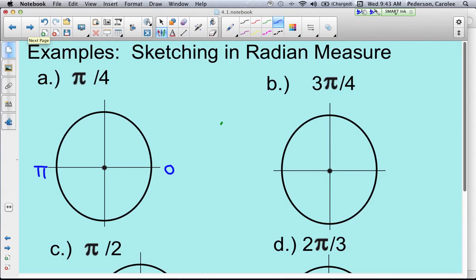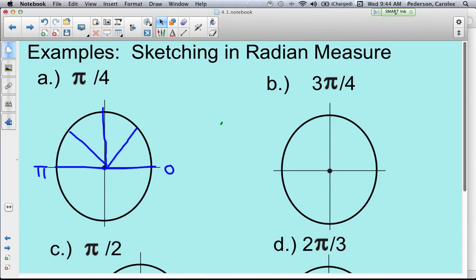So here's my whole pi, and I want 4 equal parts. So I'd split this in half, so that represents 2 pi over 4, and I'd split it in half again, so it looks like this. Now my angle is 1/4 of that pi. So I go to right here. So there is my angle theta, pi over 4.